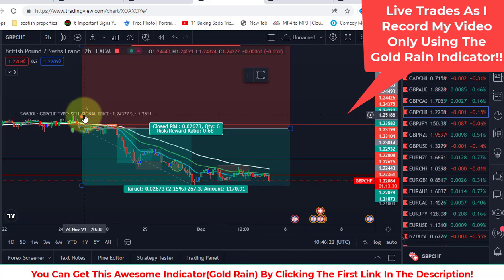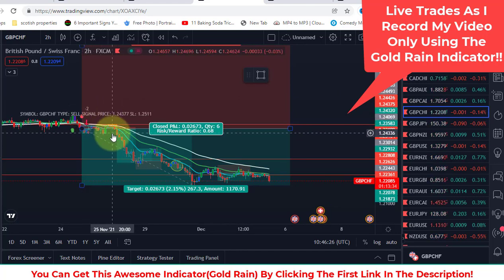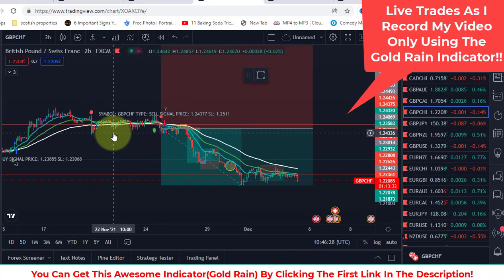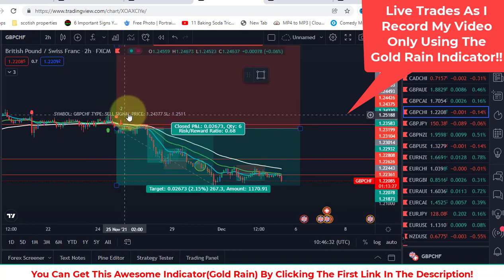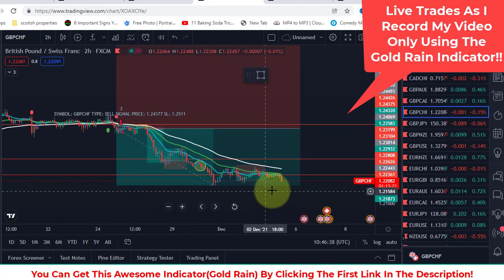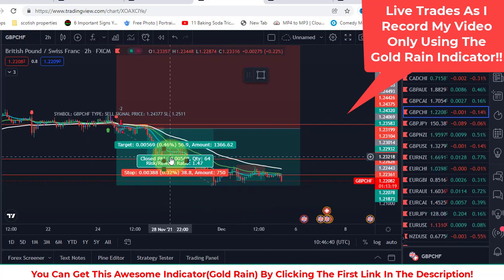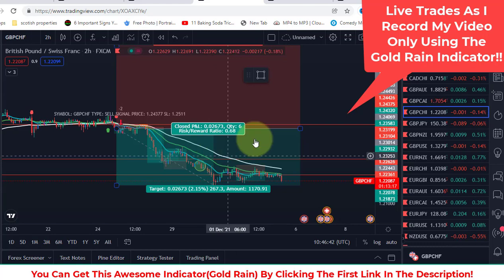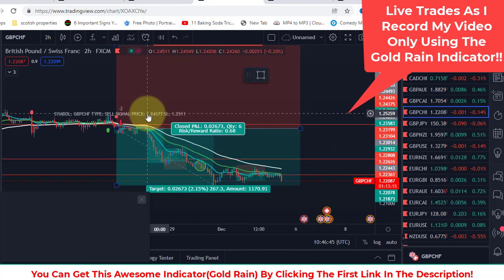The red dot was generated right when I entered, guys. So I knew price was going to go down based on my weekly and daily analysis. That was confirming it, but then you would have a hard time trading it.